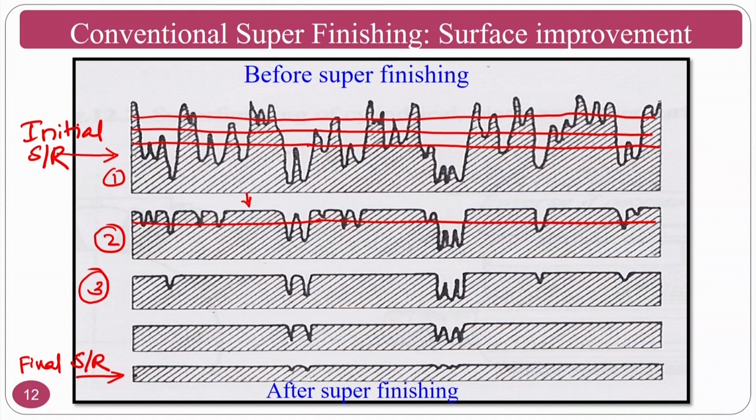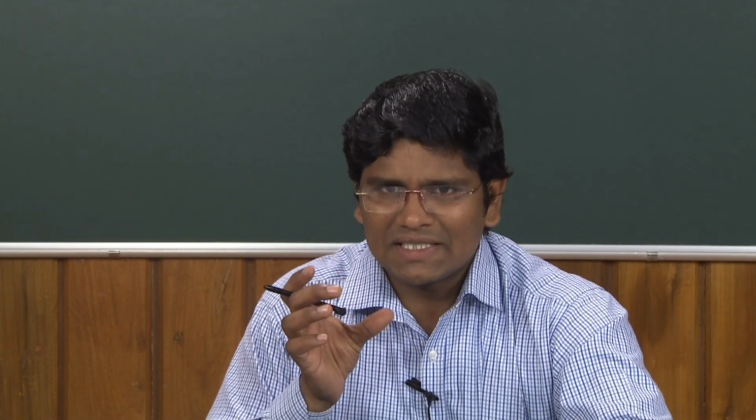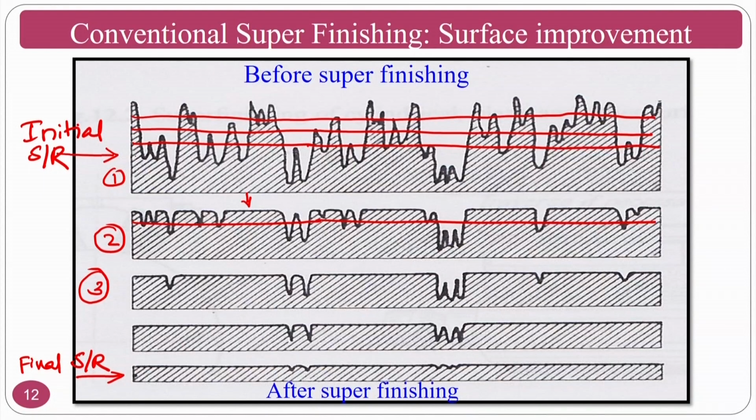The finishing time will be half an hour or 10 minutes or something, depending on what plunge load you are using, what frequency you are using, and what reciprocating amplitude you are using. Reciprocating amplitude will normally be used when very lengthy workpieces are there, and then you will go for multiple passes. Otherwise, you can go for a single pass or something. So, 2 to 3 will take some time.